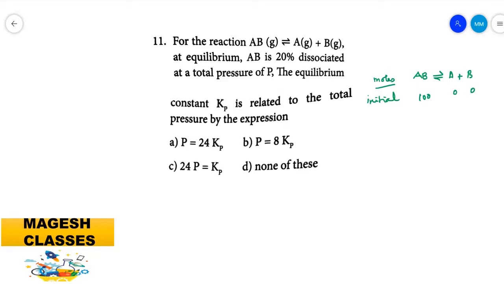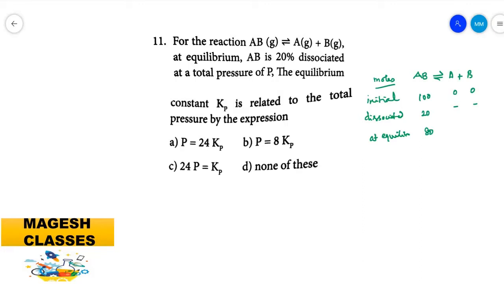The number of moles dissociated at equilibrium is 20. The number of moles at equilibrium is 100 minus 20, which is 80.